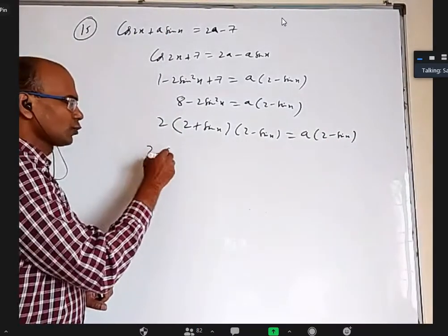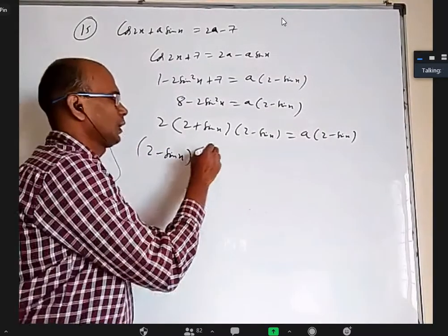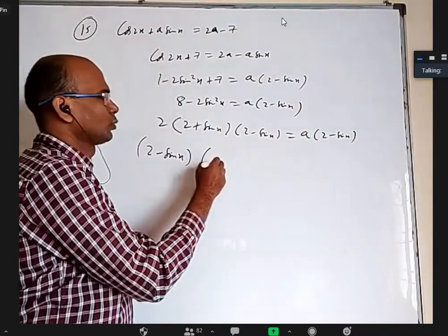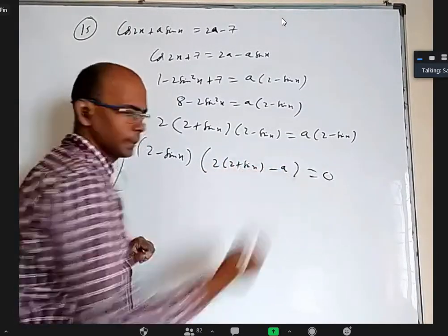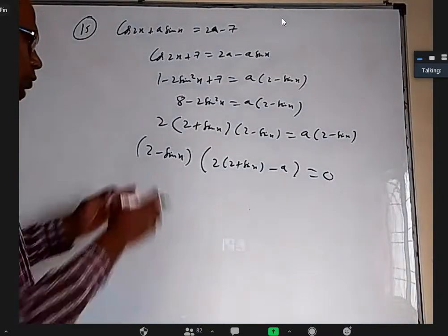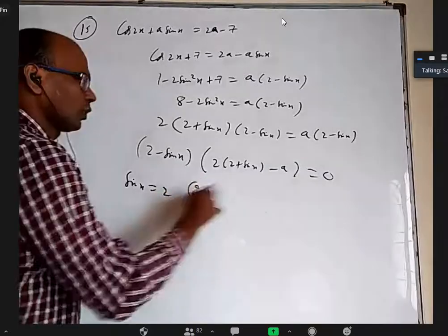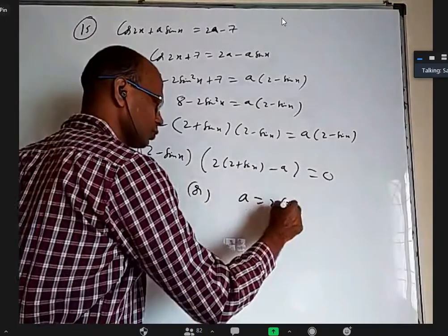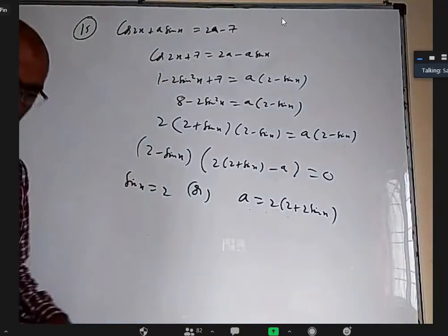When I take 2 minus sine x common, I will get 2 into 2 plus sine x minus a equal to 0. So I'll get two options, either sine x equal to 2 or a is equal to 2 into 2 plus sine x. Either this is 0 or this is 0.